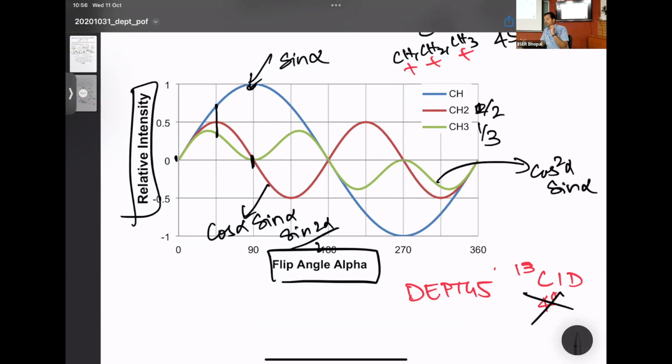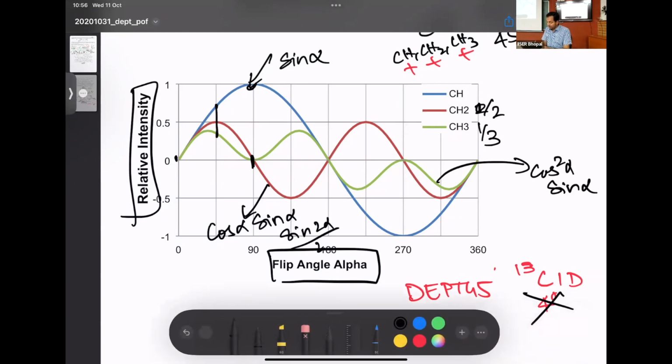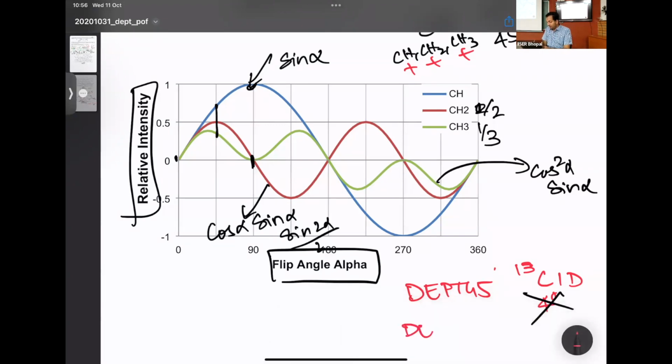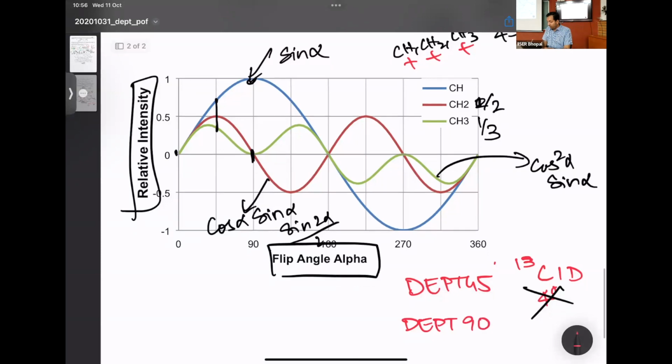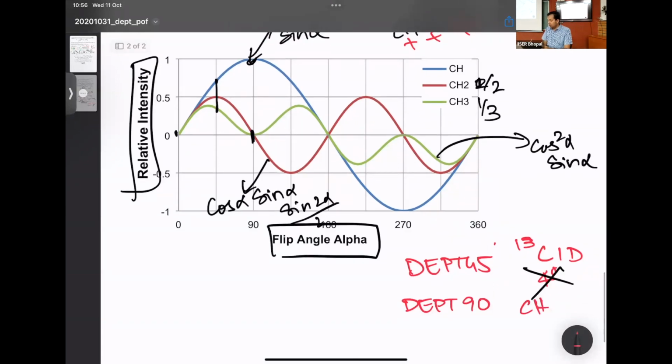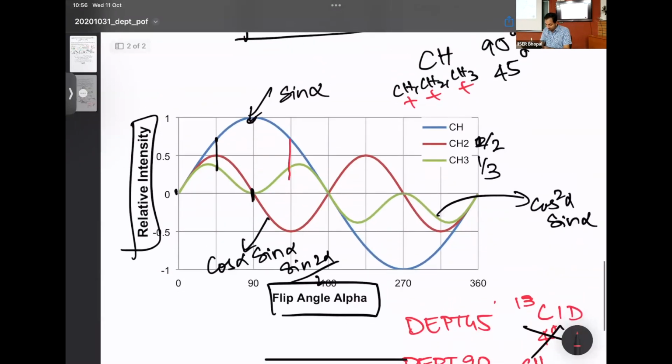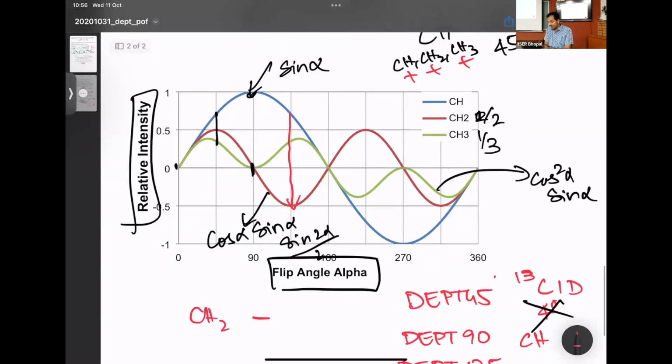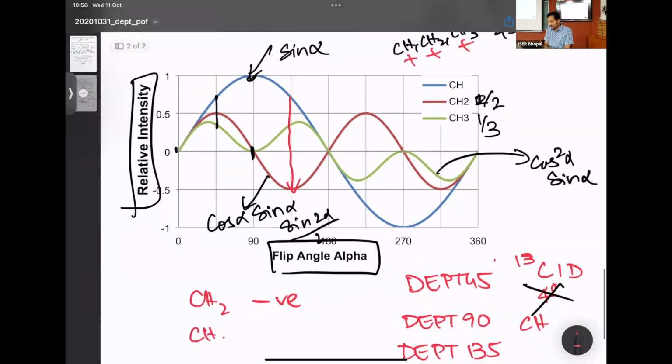So DEPT 45 is very similar to the carbon 1D, just that you're not going to see quaternary carbons. DEPT 90 will only be CH. On the other hand, DEPT 135, which is 90 plus 45, which nicely comes up here, you would see that CH2 is negative, while CH3 is positive.